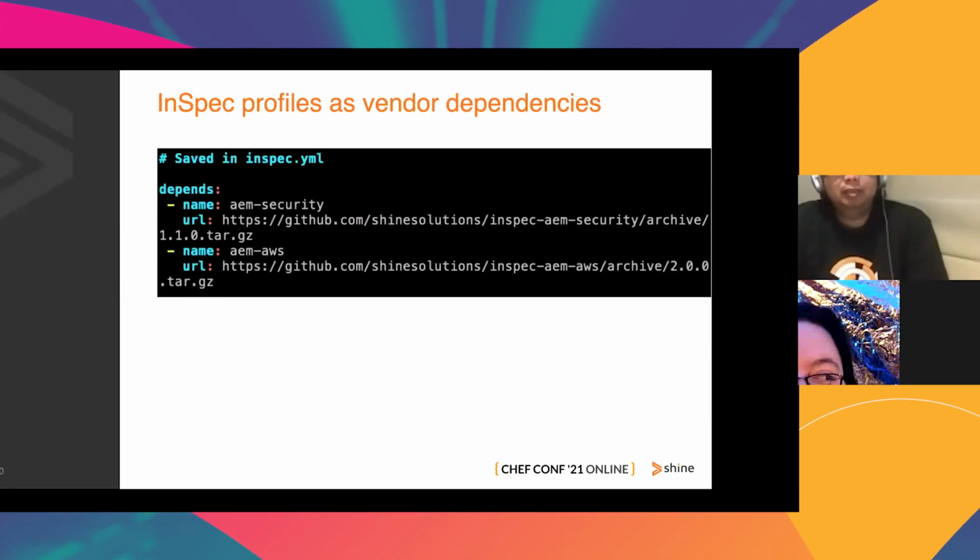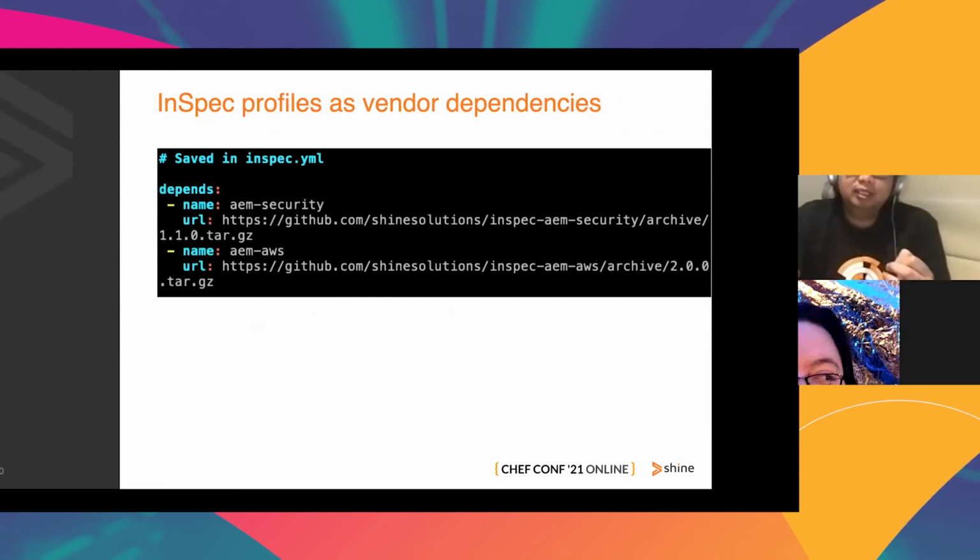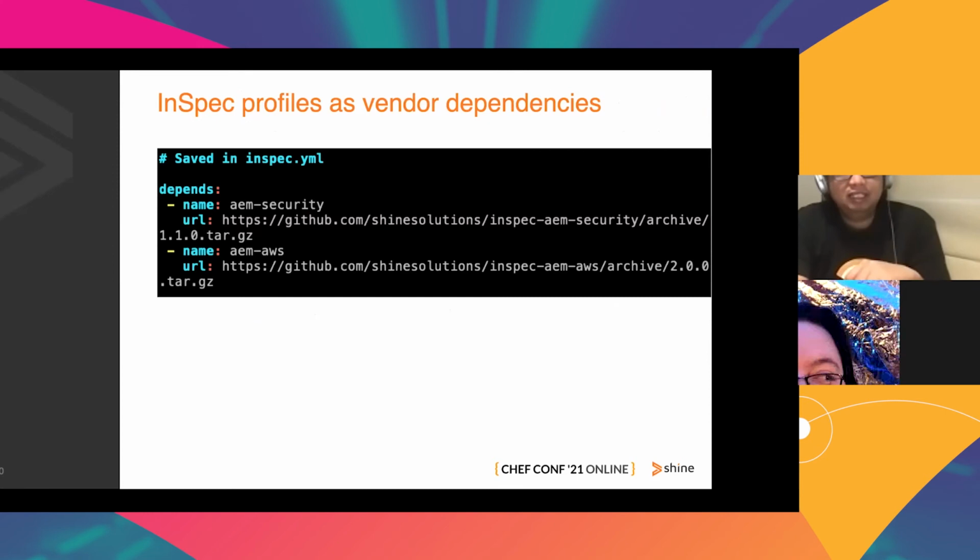Now, how do we use inspect profile as vendor dependencies? You can specify it on inspect YAML. So specify a file like this. In this example, I describe the dependencies with name and URL. So it specifies the URL directly to the package file, which is a tar zip. But if we just want to use the supermarket distributed packages, then you don't have to specify the URL.